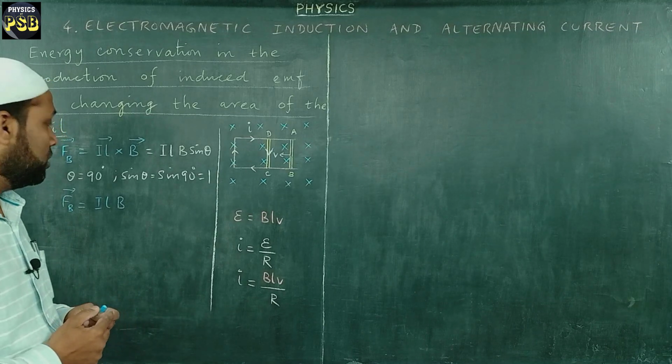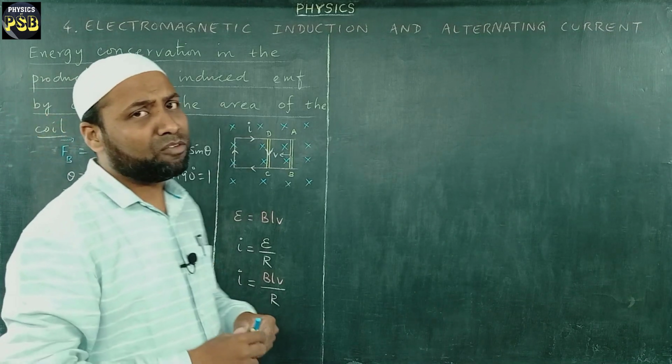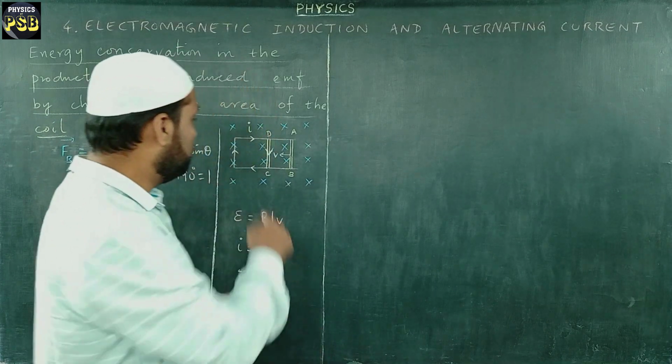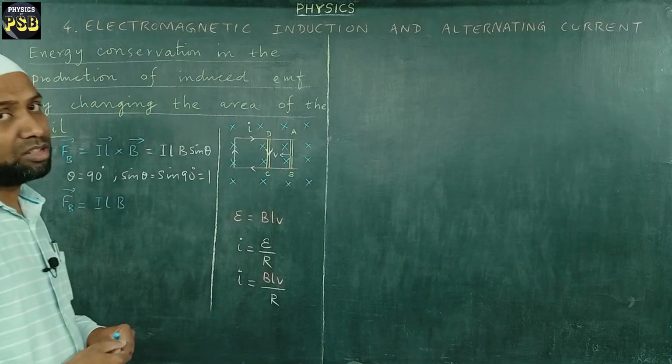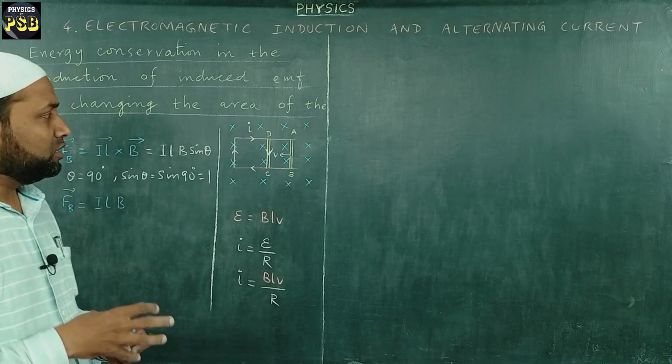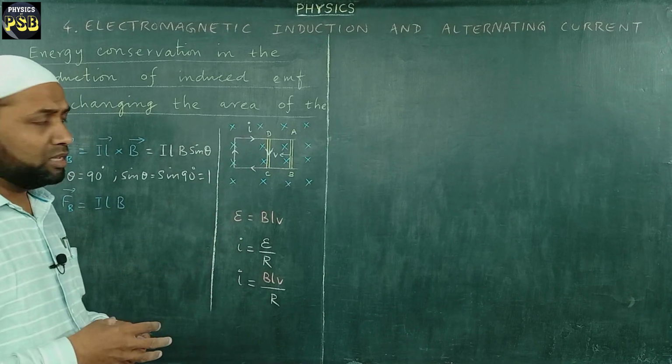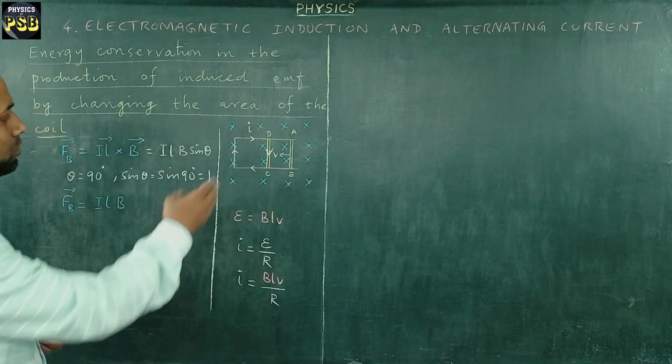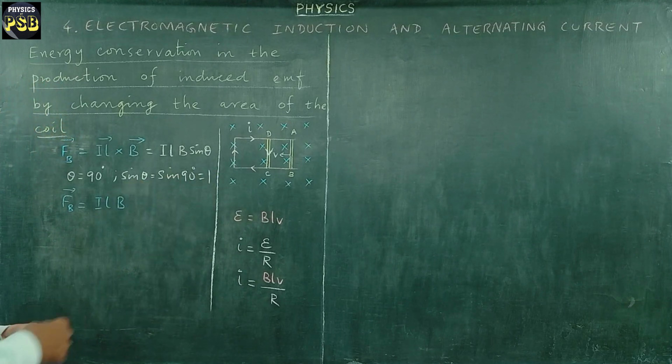So some mechanical work has to be done by me to move this further. For that I need to apply some force. The force that I apply to do the mechanical work is stored there in the form of energy.